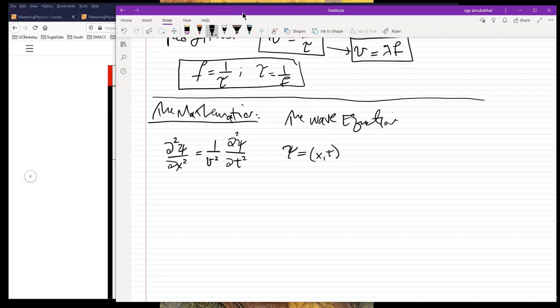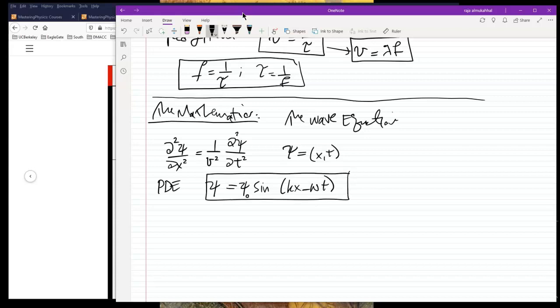When you solve this equation, a partial differential equation, you come up with the function psi that describes the motion of the wave, and it looks something like psi naught sine of kx minus omega t. Again, this is not in our book. If you take this and plug it into the wave equation, it will satisfy it.